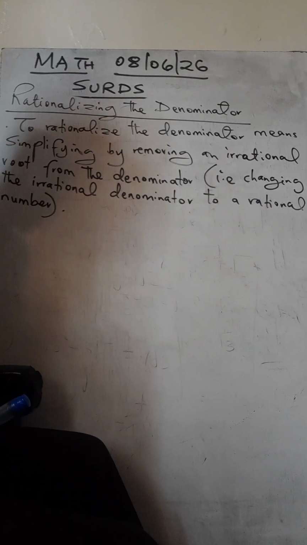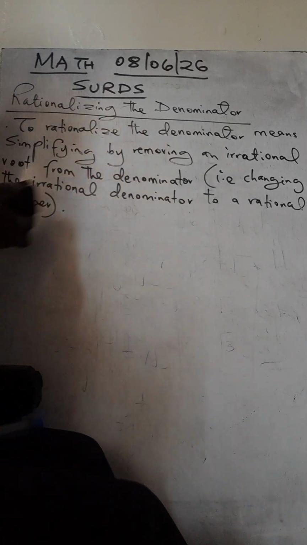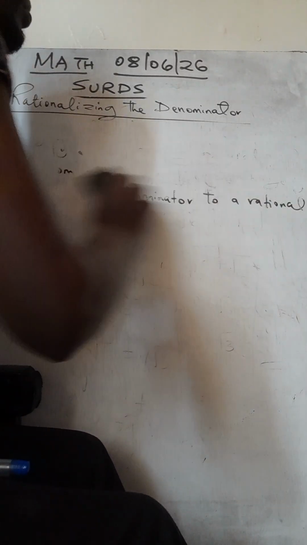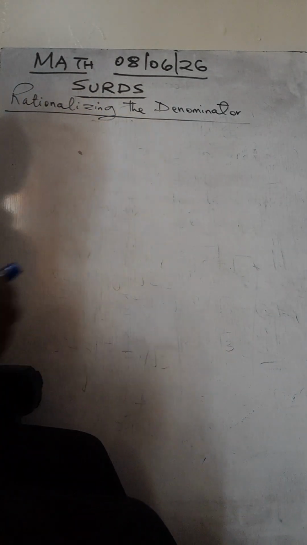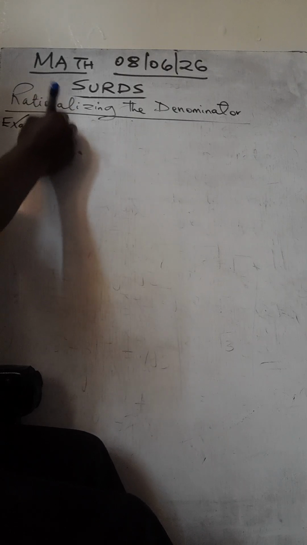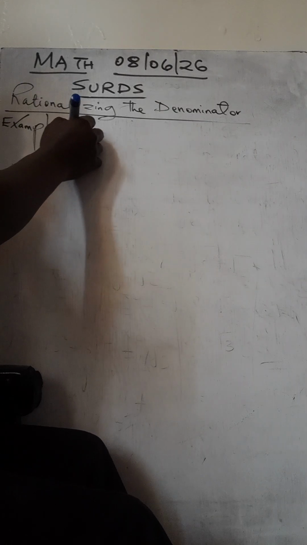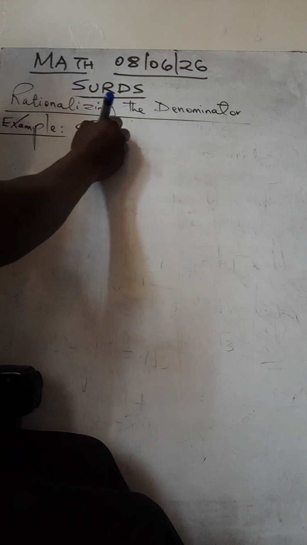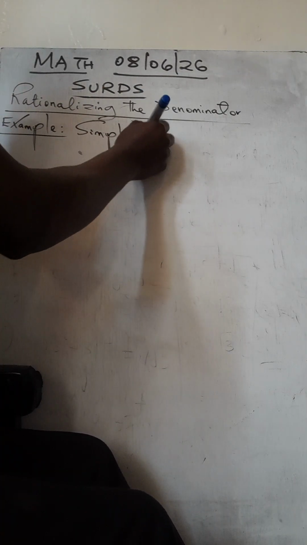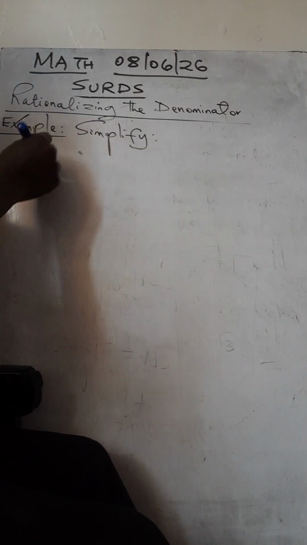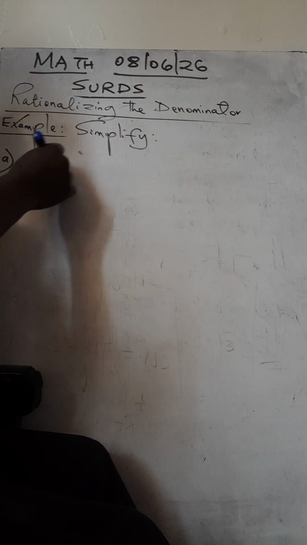So let me give you examples. Simplify number 1: 1 over root 2.